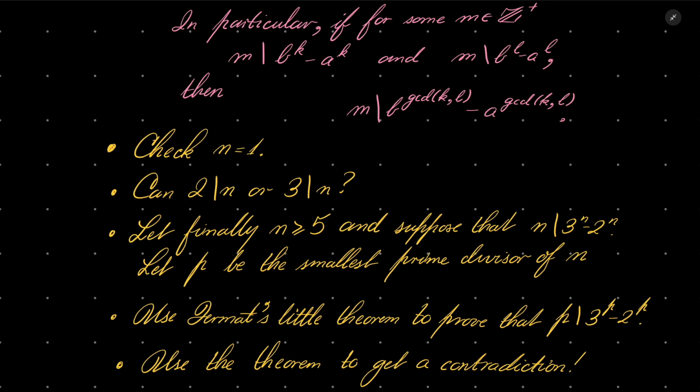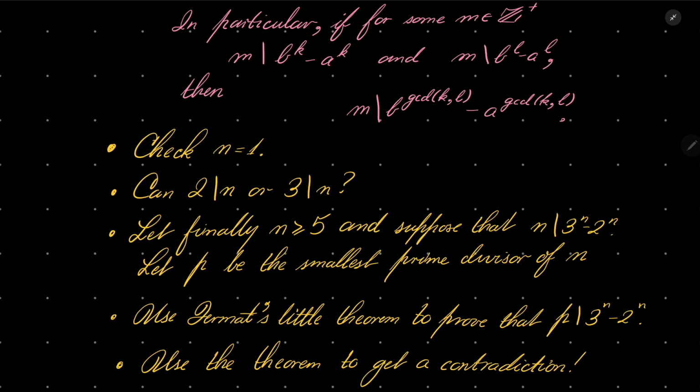Consider p to be the smallest prime divisor of n, and use Fermat's little theorem to prove that p divides, here's a typo, p divides 3 to the power of n minus 2 to the power of n.